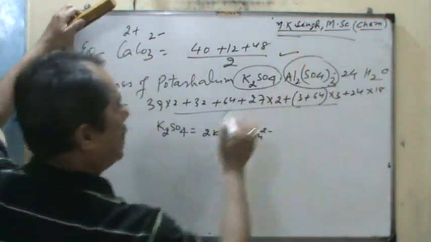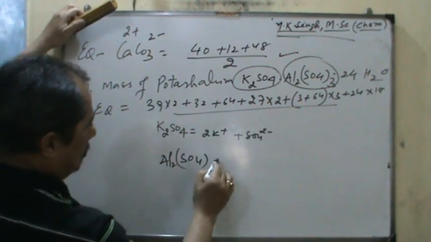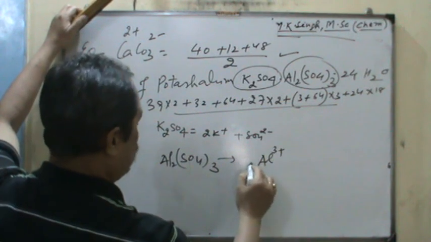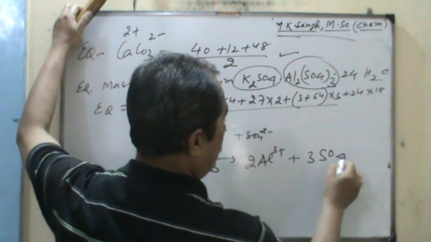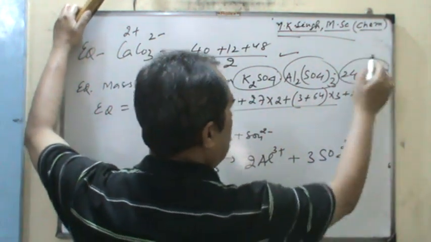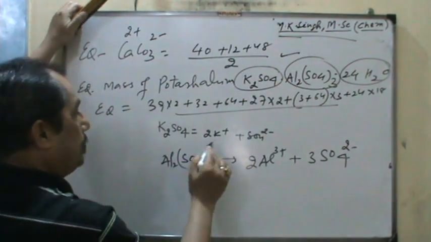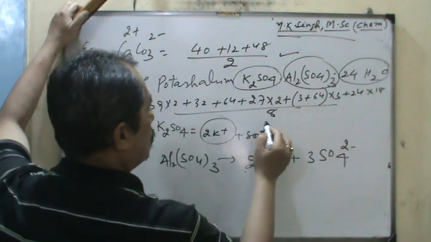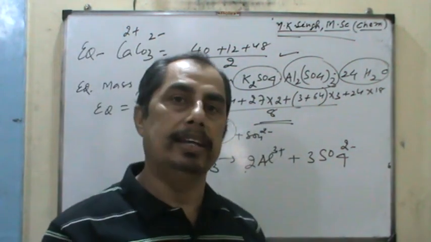If I break Al2(SO4)3, try to understand: one aluminum carries 3 positive charge, therefore 2 times aluminum, plus 3 times sulfate negative. Water is neutral so far as charge is concerned. So here 2 positive and 3 times 2 is 6. 6 plus 2, how many? So divided by 8, and you can get the equivalent mass of the salt.